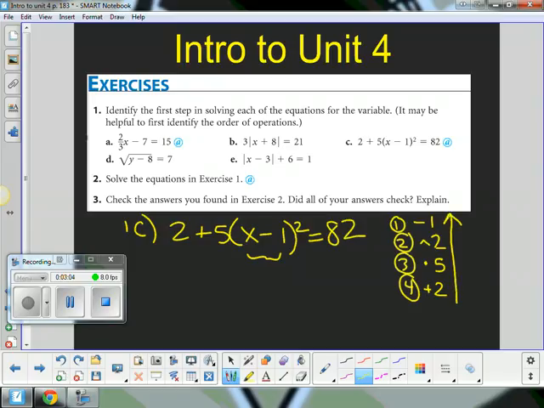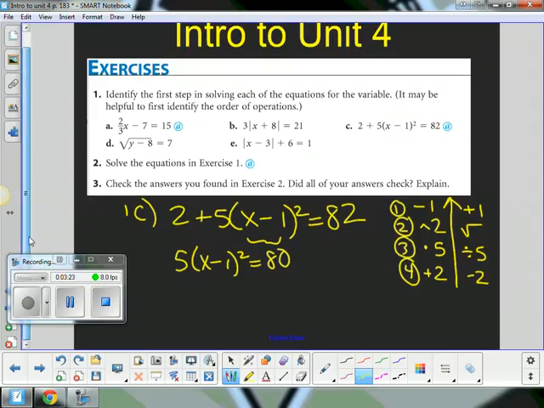So step 1, subtract 2. Then divide out the 5. Then square root and then add 1. So we're going to do those steps right now. Take away 2. Next.